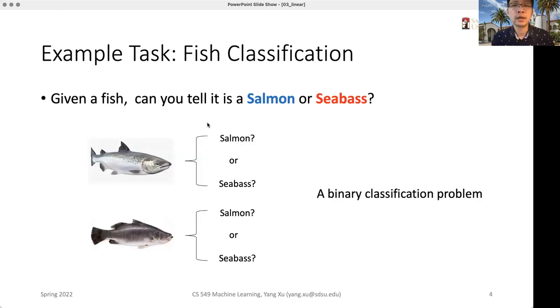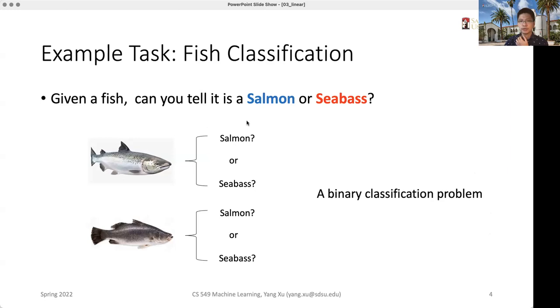The example that we use here is from a classification problem. Given a fish, we want to tell whether it is a salmon or a sea bass. It's a typical binary classification problem.